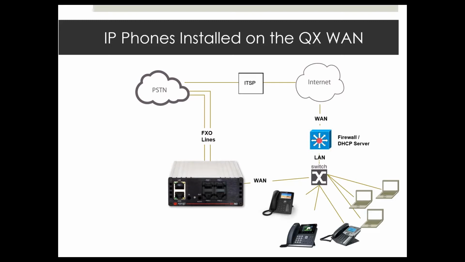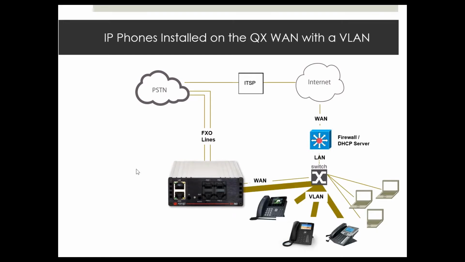All right, some of the options on when you configure the phones to the system. There's numerous methods. Keep in mind that the system has a WAN as well as a LAN port, so it lends itself to a lot of flexibility. And combine that with some of the enhancements that we've done, you've got some nice options for configuring the phones to the system.